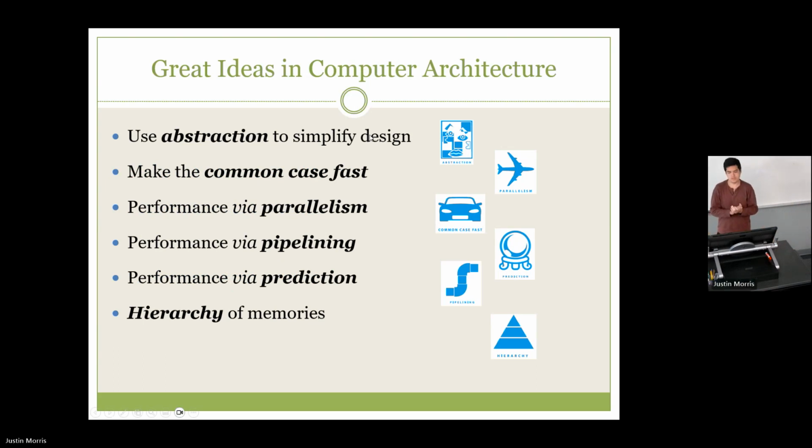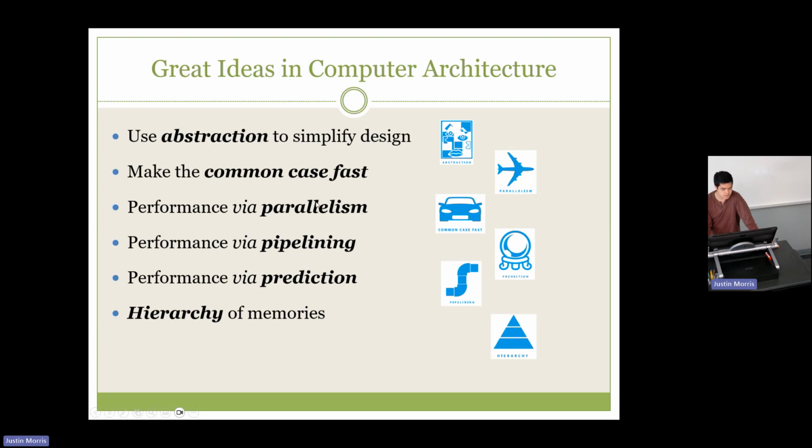So there are a few key ideas in computer architecture, and one of the biggest ones is using abstractions to simplify your design process. And another one is that we want to make the common case fast. And then we can increase our performance through these 3 techniques: parallelism, pipelining, and prediction.